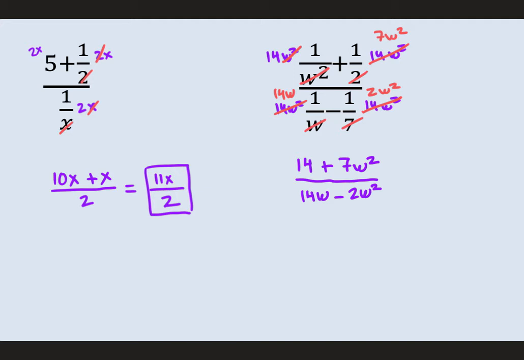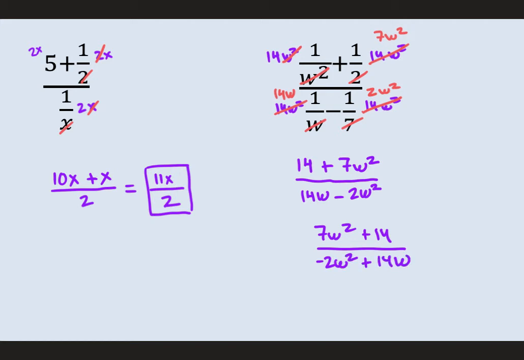All right, now you might want to rewrite this in standard form so it's a little nicer looking. 7w squared plus 14 over negative 2w squared plus 14w.